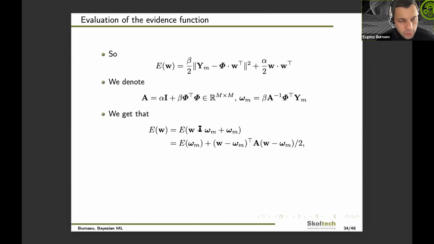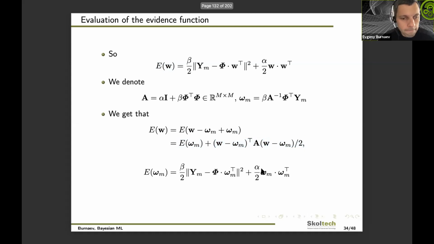What do I do? First of all, I subtract this posterior mean and add this posterior mean. Because this is a quadratic form, I can just open brackets and regroup the terms in such a way that here I get the same quadratic form, but now it depends only on this posterior mean. And this is the quadratic form which depends only on W. That's it.